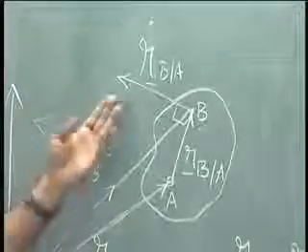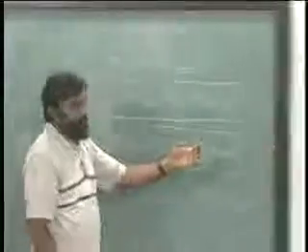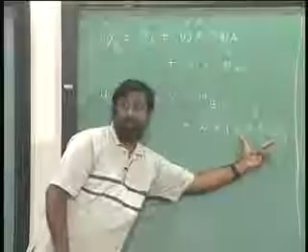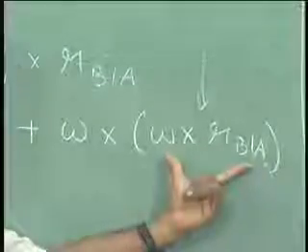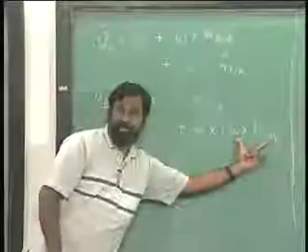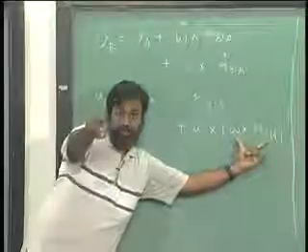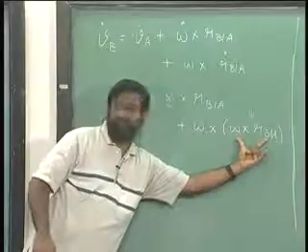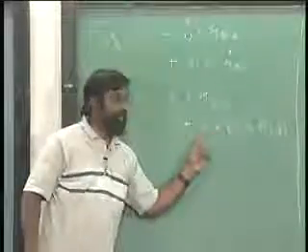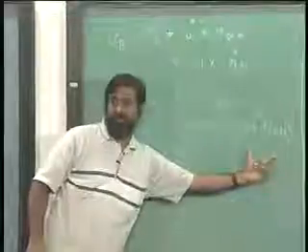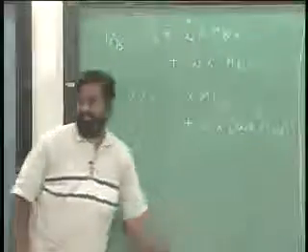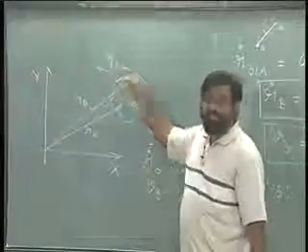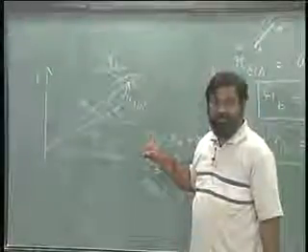Now, observe this expression. What is the direction of omega cross r B with respect to A? It is the direction of r dot B with respect to A, which is perpendicular to omega and r B with respect to A, right. Now I am taking omega cross this particular velocity, which we already know. Omega cross this will give me what?